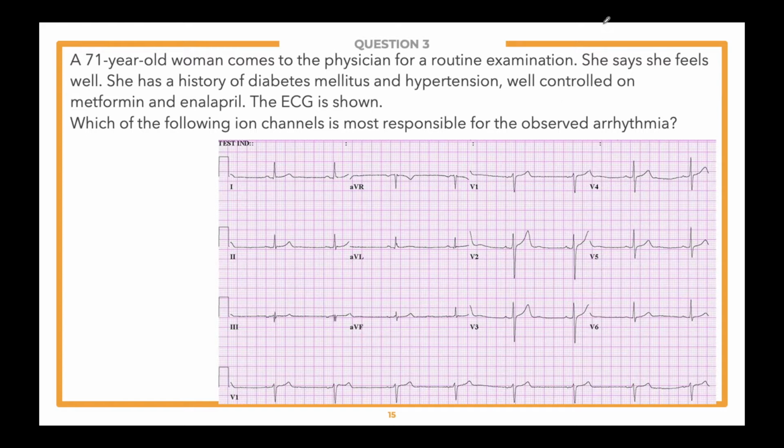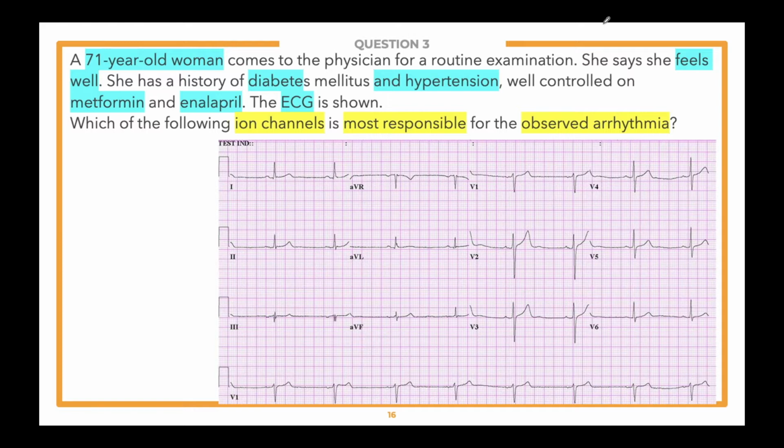Thank you, Sean. So once again, we're going to show you what we think are the important clues in this vignette and the lead-in. Now we have a 71-year-old woman, and they tell us that she feels well. So she's not necessarily presenting with signs and symptoms.